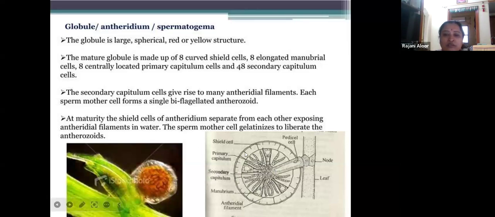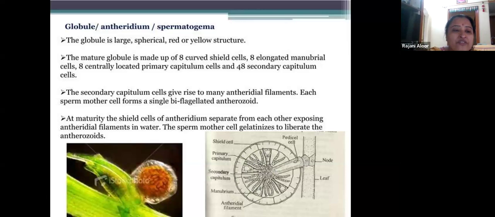The outer wall of each shield cell appears reddish in color with radial outgrowths, and therefore the shield cell appears as a multicellular structure.